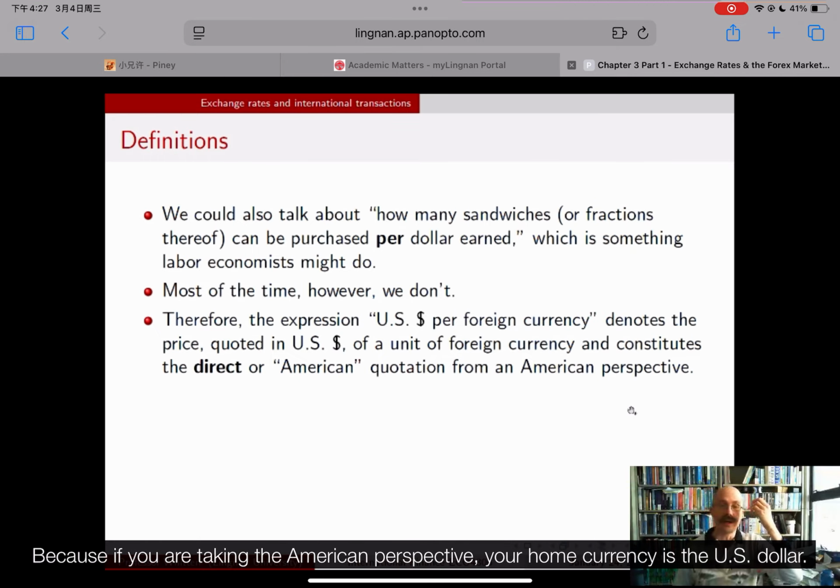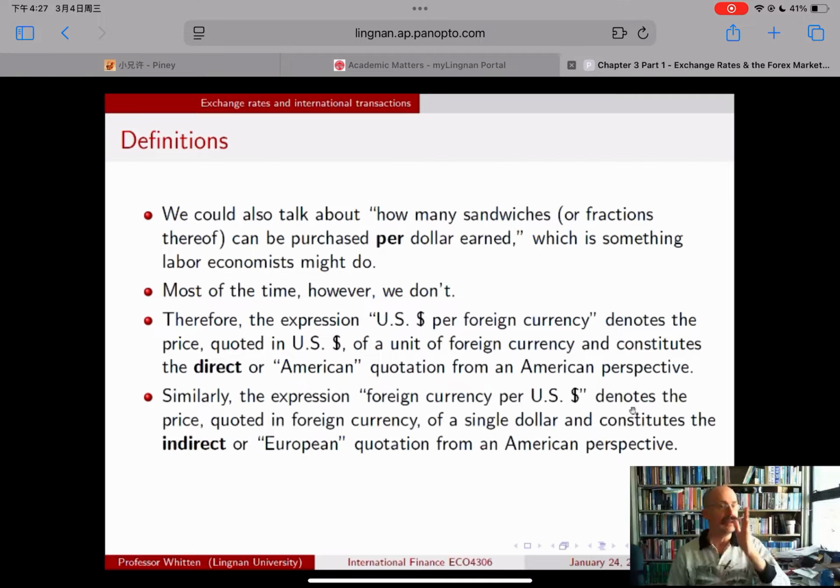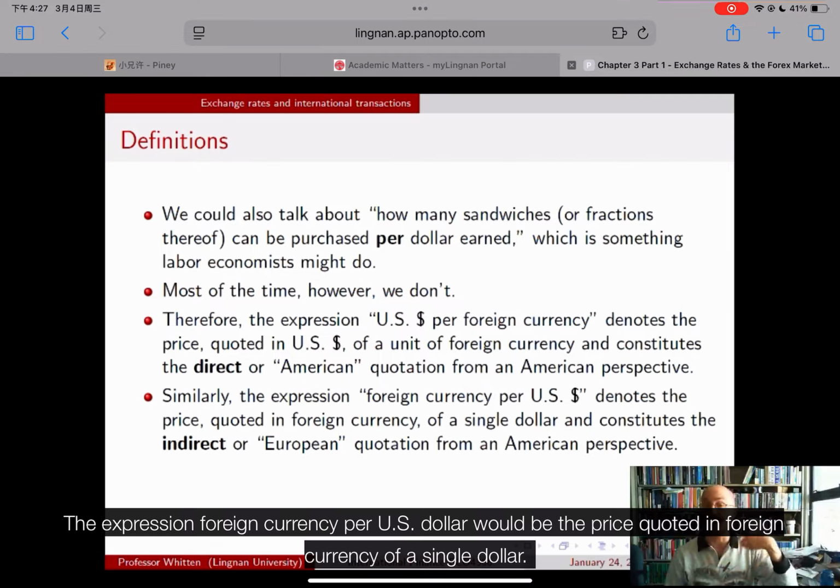Because if you are taking the American perspective, your home currency is the US dollar, and it's something that you must be using in order to acquire something else, the foreign currency. The expression foreign currency per US dollar would be the price quoted in foreign currency of a single dollar.